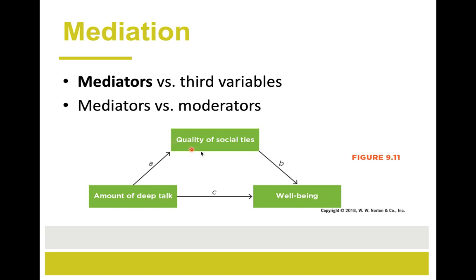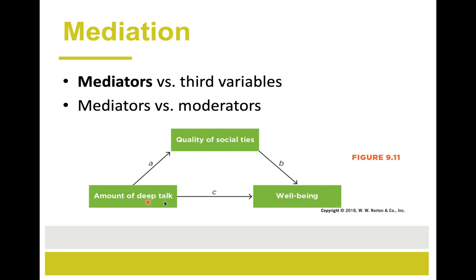When we add in the mediator of social ties, we find that what's actually happening is that people who have a lot of deep talk in their life, a lot of meaningful conversations, are just people that have more friends and have better friends and have higher quality social relationships. And those high quality social relationships are actually what's responsible for your well being.